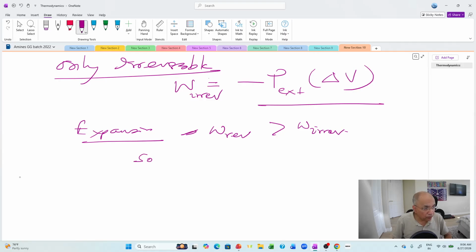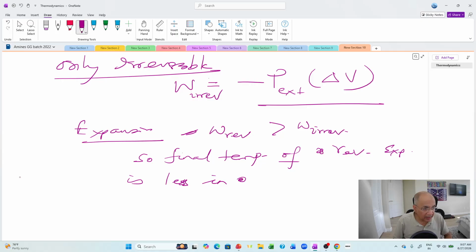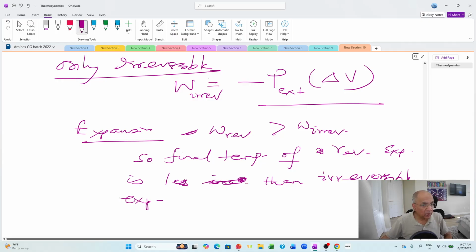So the final temperature of reversible expansion is less than irreversible expansion. So the final temperature drop will be more in reversible.